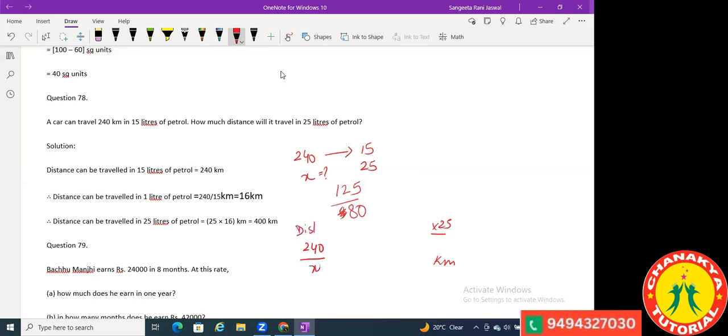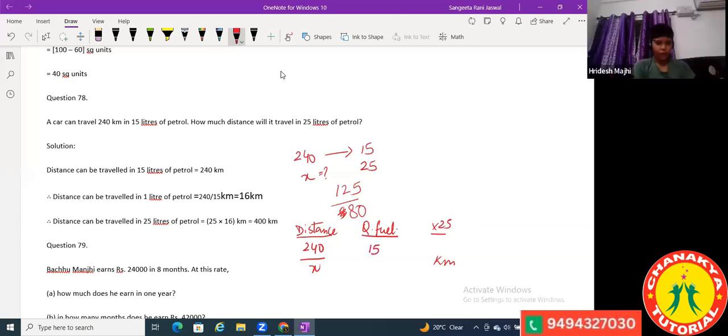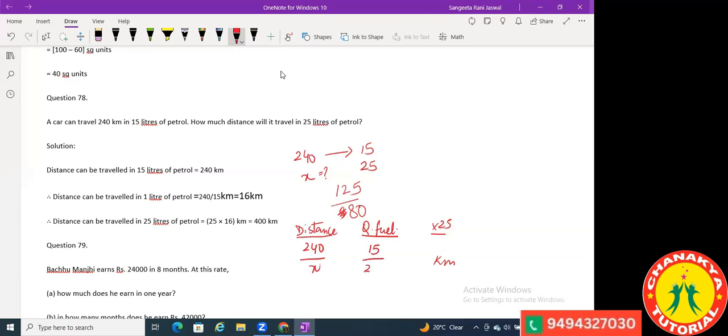Understood this much? On one side I will take the ratio of the distance, and on the other side I will take the ratio of the quantity of fuel, how much fuel is used. So for 15 liters, 15 by 25. You have to cross multiply it. Yes, cross multiply.